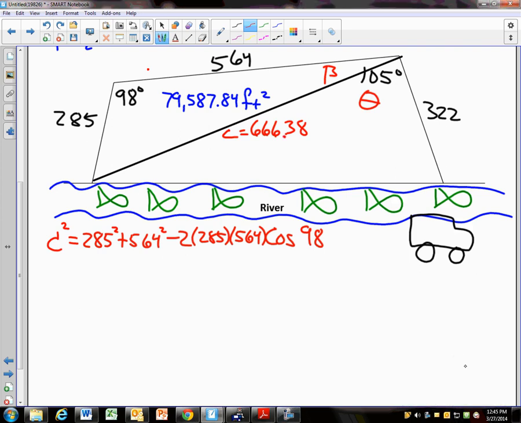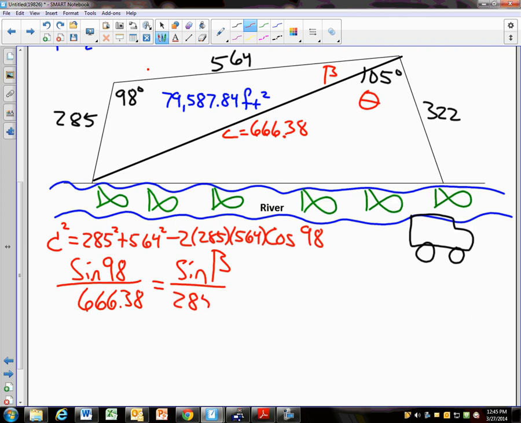Now that we've got that, how could you find beta? Law of sines, because now you have an angle and its opposite side. So sine of 98 over 666.38 equals sine of what? Beta divided by 285.